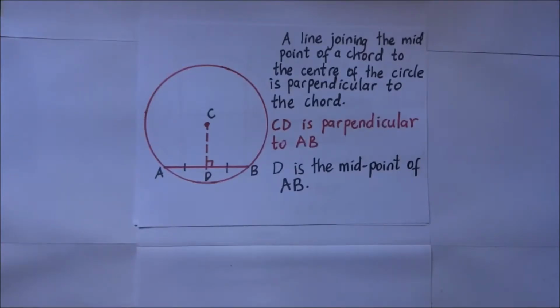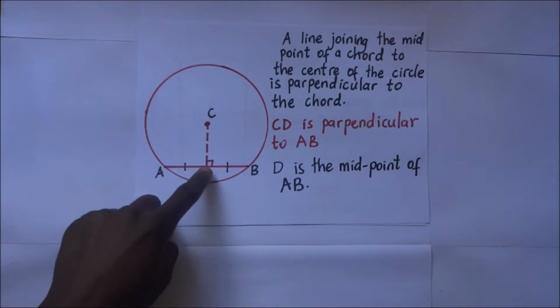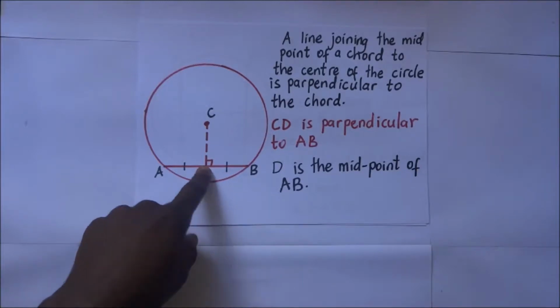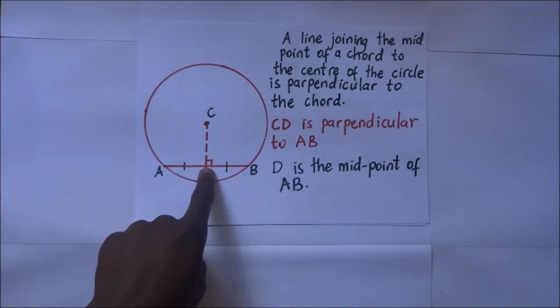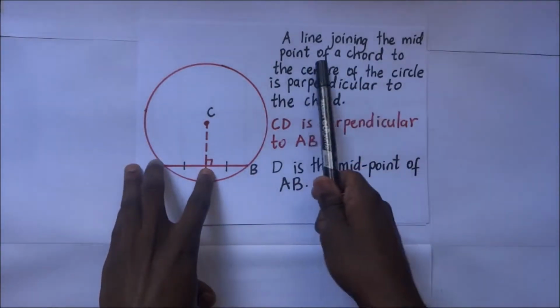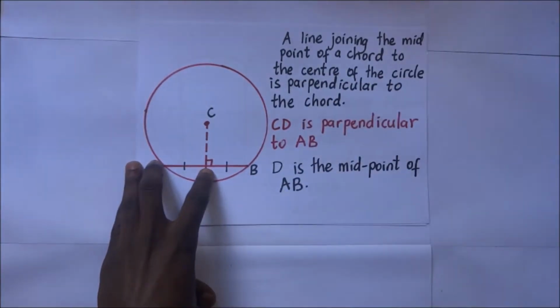The line joining the midpoint of a chord, which is the perpendicular bisector we've talked about in the previous property, bisects this chord into two. Our write-up here says that a line joining the midpoint of the chord to the center of the circle is perpendicular to the chord.